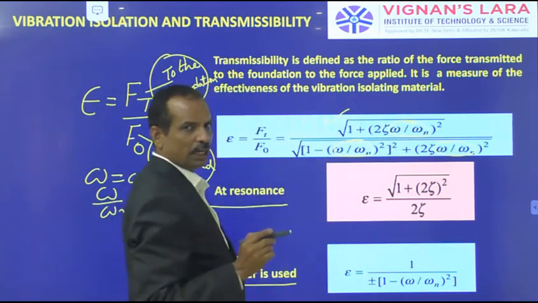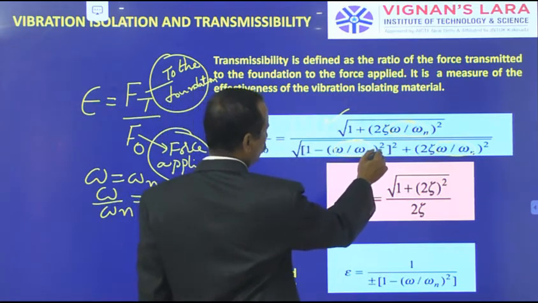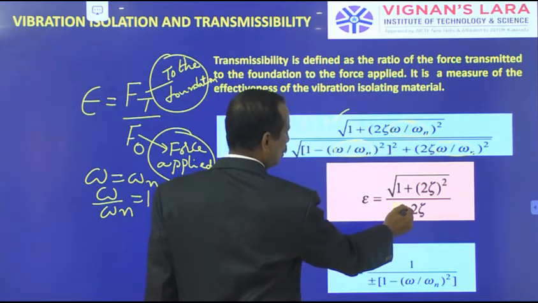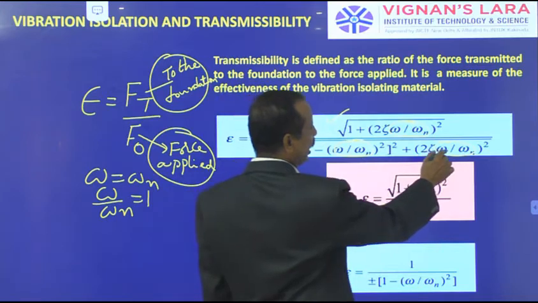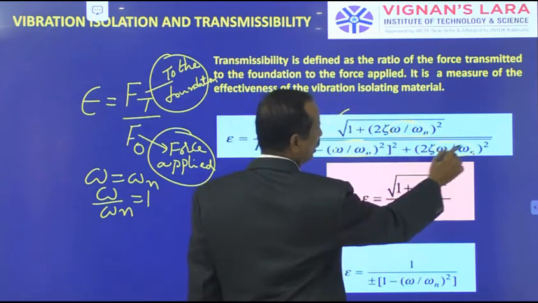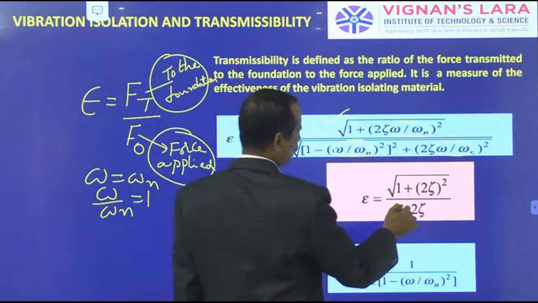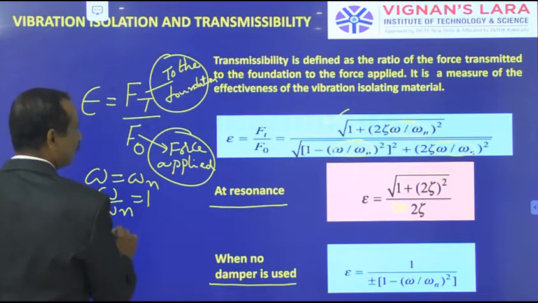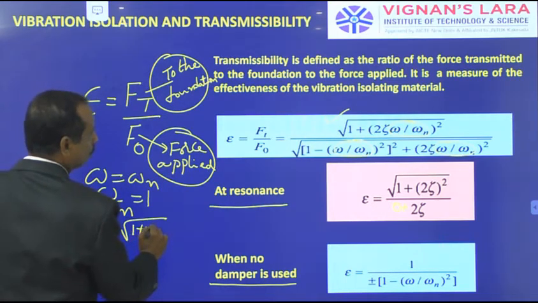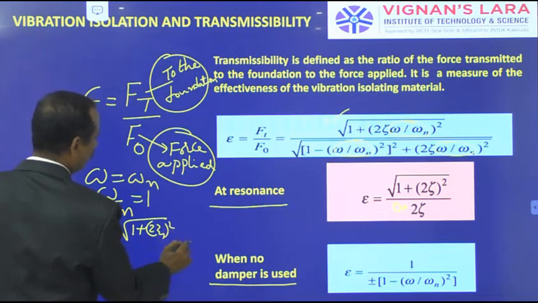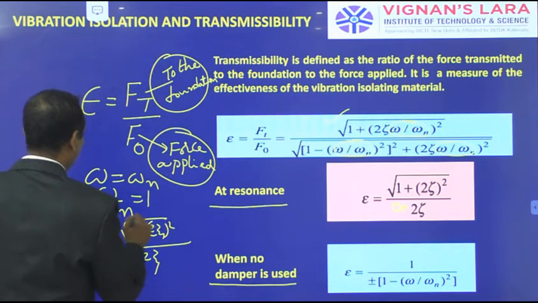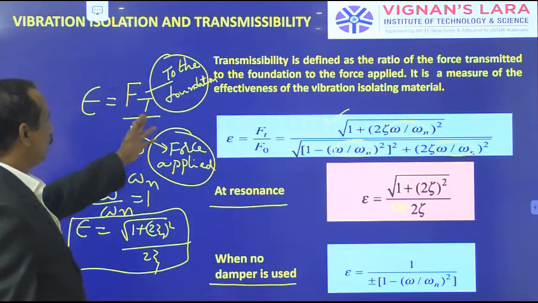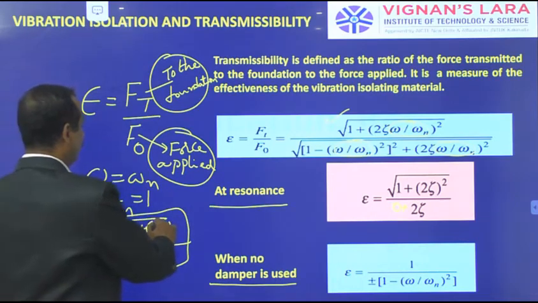Then in the denominator, omega by omega n is 1, so 1 minus 1 whole square is 0, and 0 square is 0. That's why I have not written anything there. Then 2 zeta omega by omega n, which is 2 zeta, whole square under root. Take out the root, then epsilon is root over 1 plus (2 zeta) whole square by 2 zeta. That means at resonance, the transmissibility is a function of only zeta.